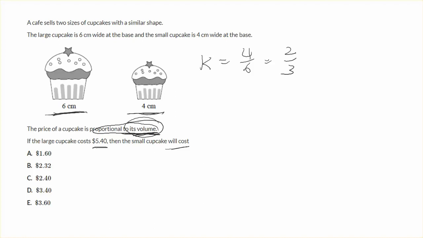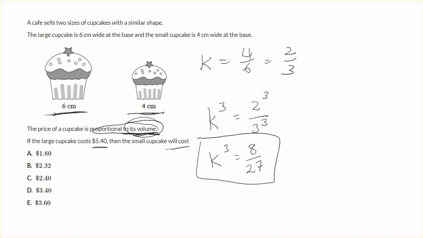I want volume, so I need K cubed. So I just need to cube that. So K cubed equals 8 over 27. Now that I've got K cubed, I can find an unknown volume by setting up my 2 equivalent fractions. So 8 over 27 equals, it doesn't matter that it's a price, it doesn't have to be centimetres cubed.